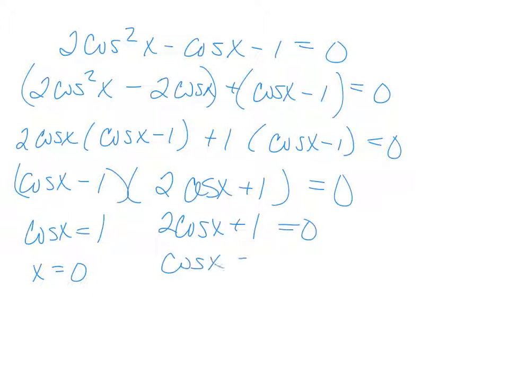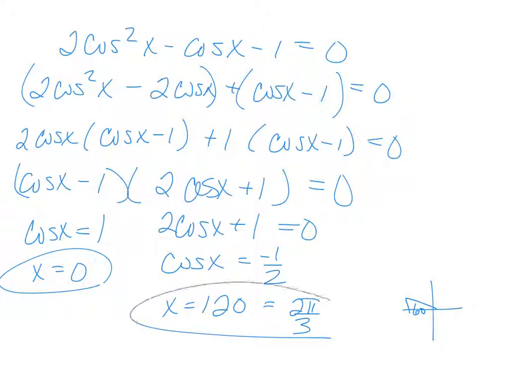When does cosine x equal negative 1/2? When x equals 120 degrees, which is 2 pi over 3.